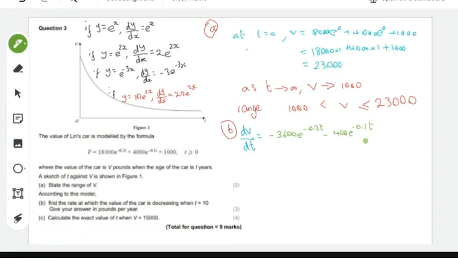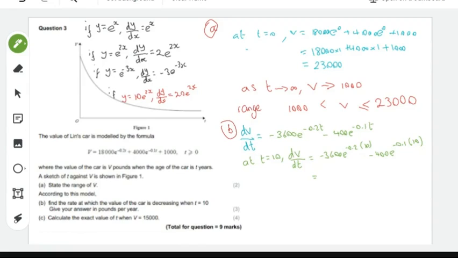And then 1,000 still differentiates to 0. And then at t equals 10, dV/dt equals minus 3,600e to the minus 0.2 times 10 minus 400e to the minus 0.1 times 10. And then that equals something.